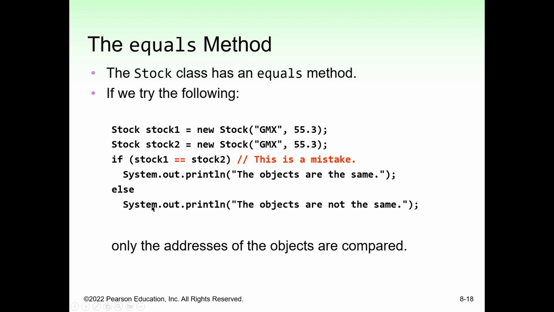So this program is wrong because this expression is going to evaluate to false, even though these objects are seemingly the same, they have the same values. It's going to evaluate to false because this equal sign is going to try to see if the addresses of those objects are the same, which they are not because they are two different entities.